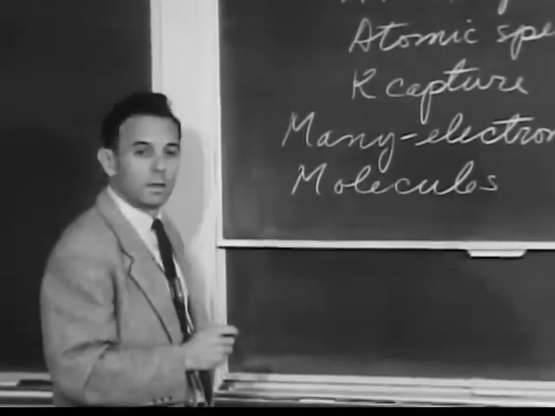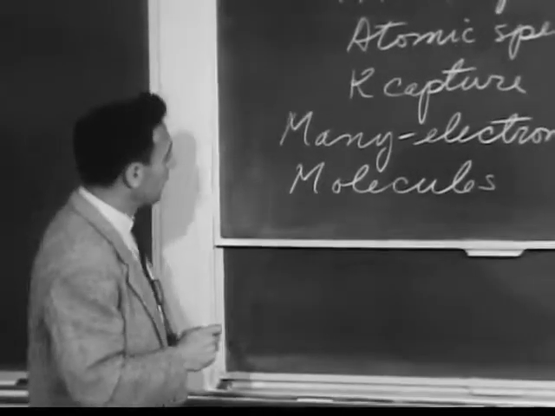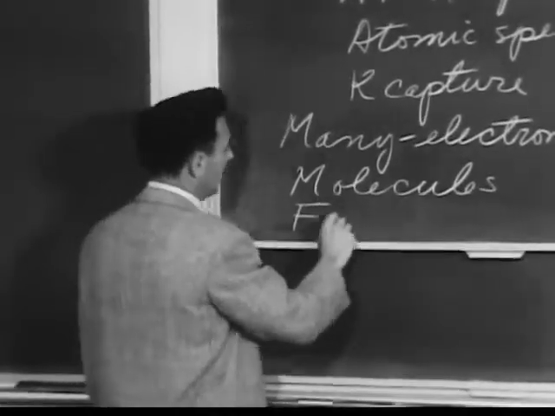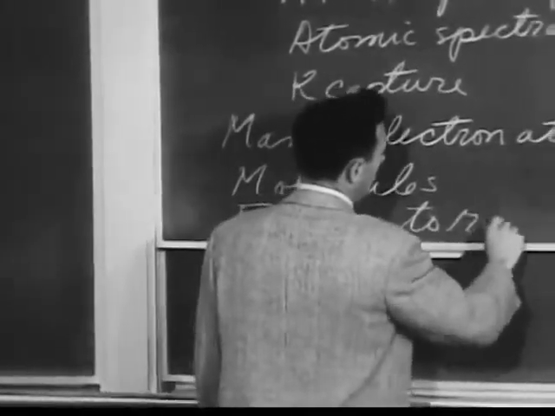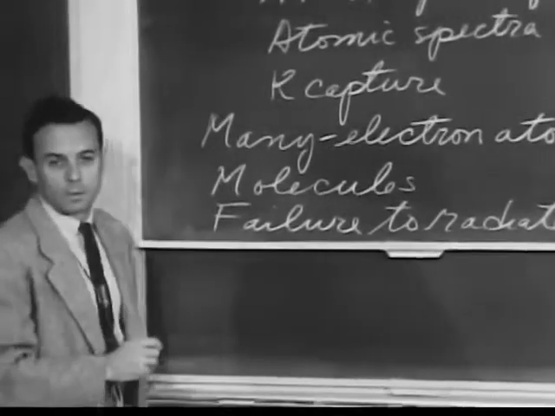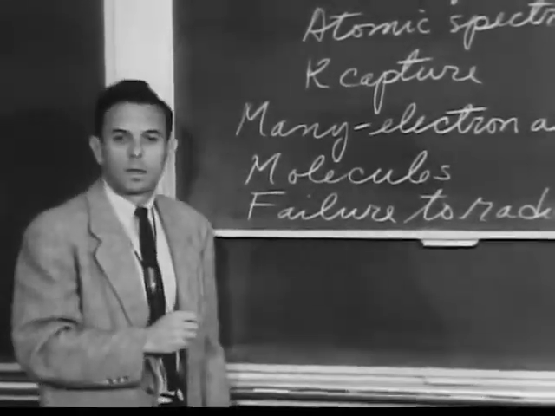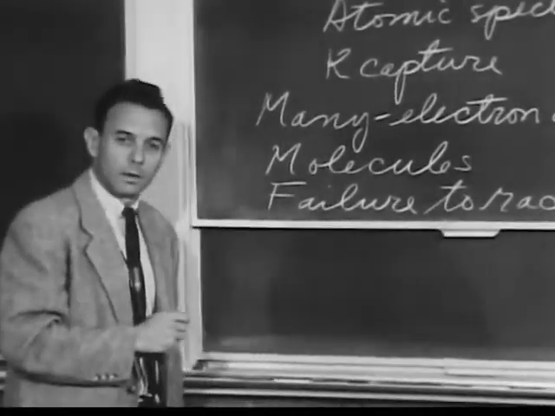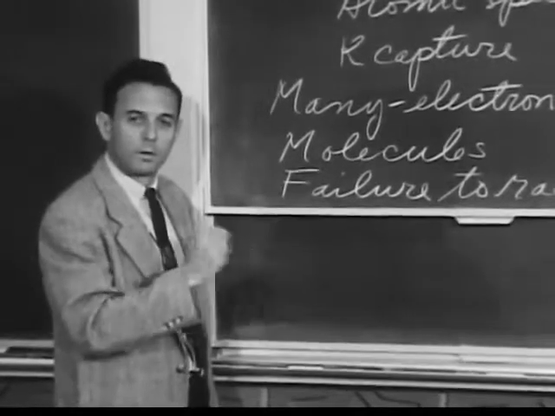There's one final area of discord with experiment I want to mention, and that is the failure of the atom to radiate its energy. An electron moving in a circular path is expected on the basis of classical electromagnetic theory to radiate energy, and as such the electron would spiral in toward the nucleus.